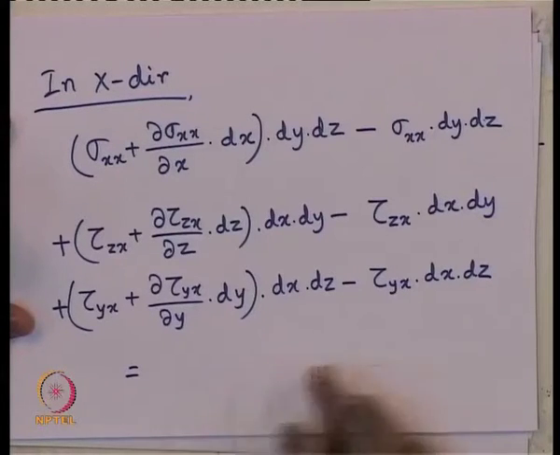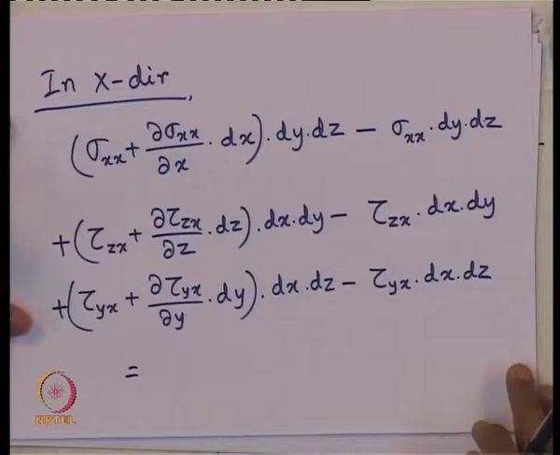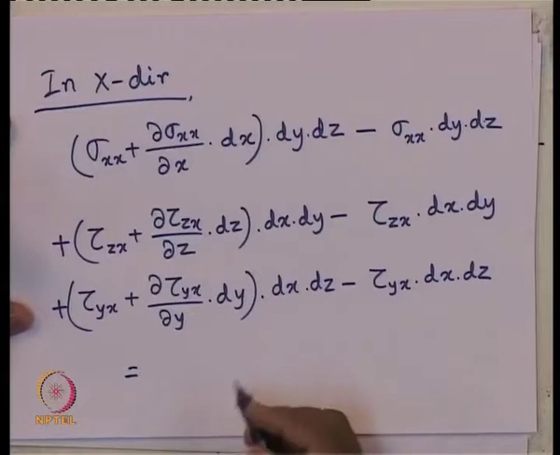Now, in x direction, how much is the displacement? That is u. We have considered the displacement in x direction as u. So, the corresponding acceleration is del 2 u by del t square.